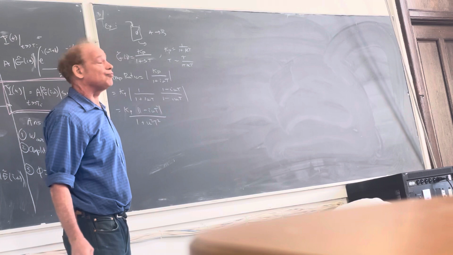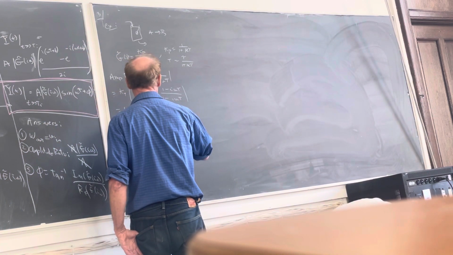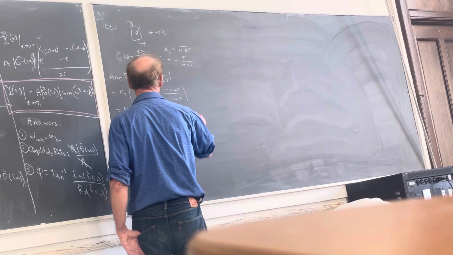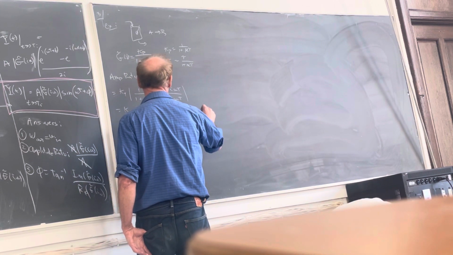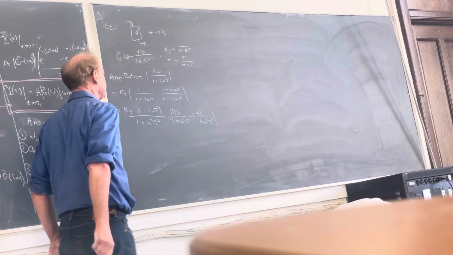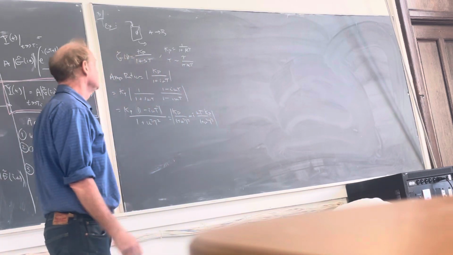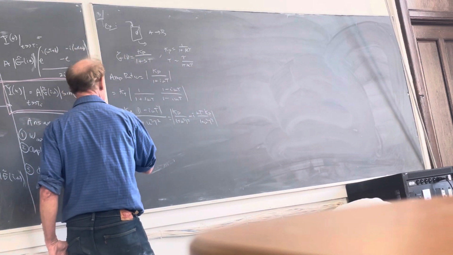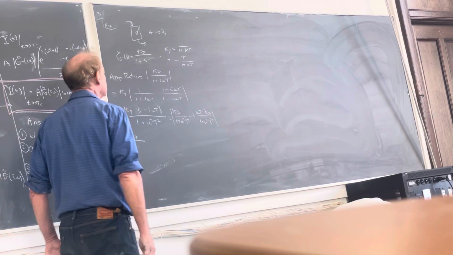So now I know what the real and imaginary parts are. This is Kp over 1 plus omega squared T squared plus minus I times omega T over 1 plus omega squared T squared. And I need the magnitude of that, and I lost the Kp. So this is equal to Kp over 1 plus omega squared T squared, and I need the magnitude.